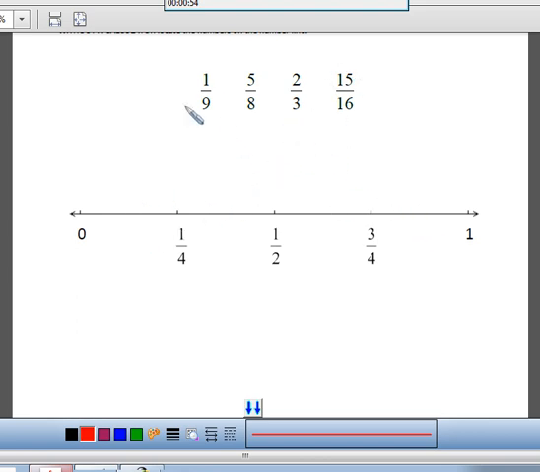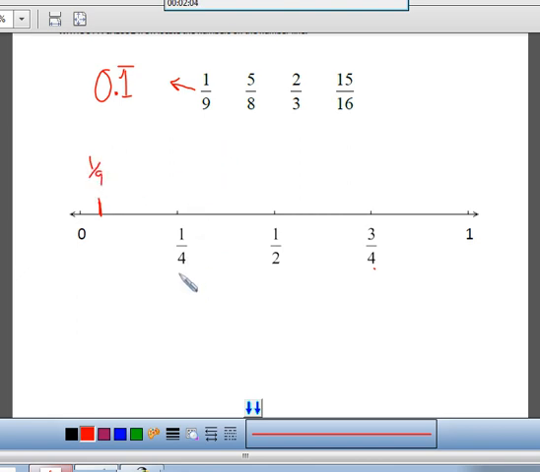In fact, 1/9 is really, really small. 1/9 is a repeating decimal, 0.1 repeating. Since that's so small, I figure that's going to be really close to 0. So here's 1/9.